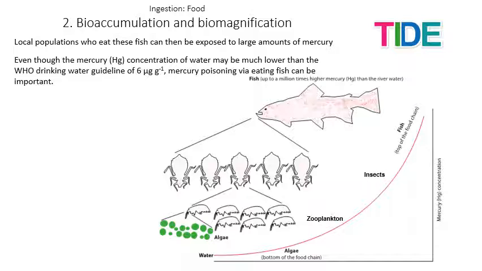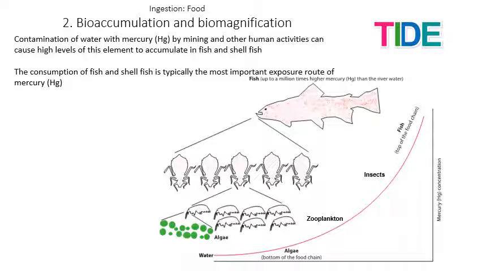Concentrations of mercury and these other metals like cadmium in the water bodies which these fish live in are typically much lower than the safe drinking water guideline values set by the World Health Organization, for example. So even in areas that have been impacted by metal pollution, concentrations of mercury dissolved in water are typically very low due to this metal being particularly insoluble, and represent very little toxicity risk due to exposure via drinking water.